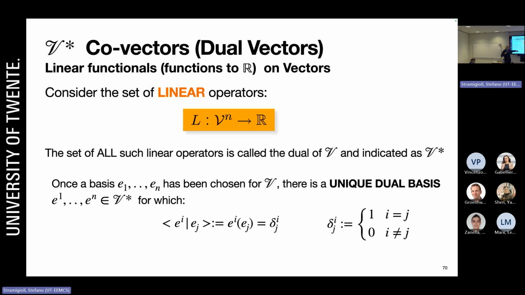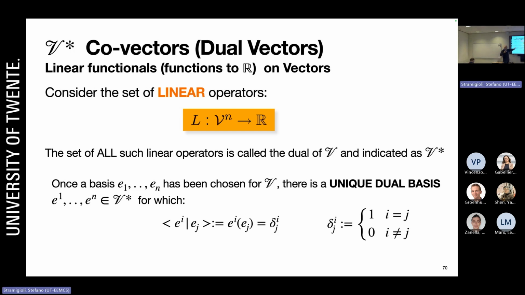Notice that the notation is something I will be repeating again and again. These elements have the index down. The E are abstract vectors. If they have the index down, it means they belong to V. If they have the index up, it means they belong to V star.